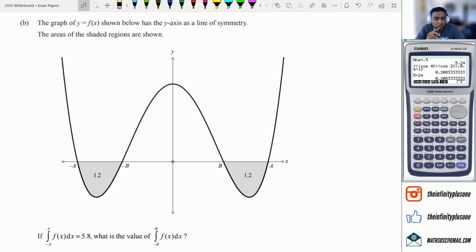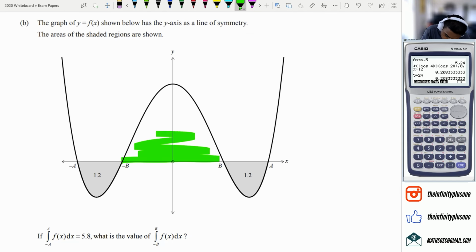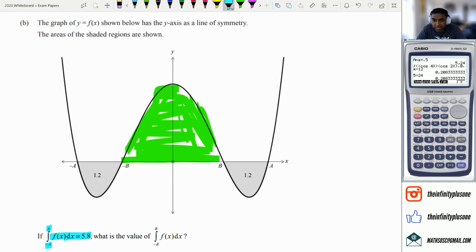Okay, so question 1b, what it's asking you is to find out the area between b and negative b. So b and negative b is this area right here. So a couple of things to keep an eye on are these two values here and the area that's actually given here. Notice how it's between a and negative a.